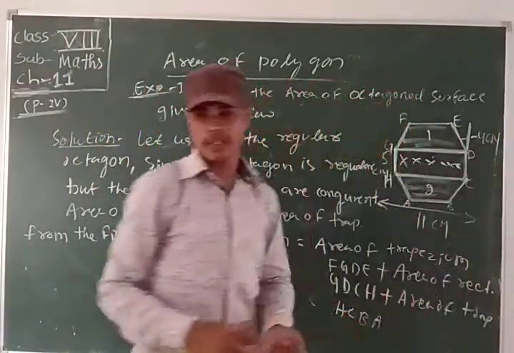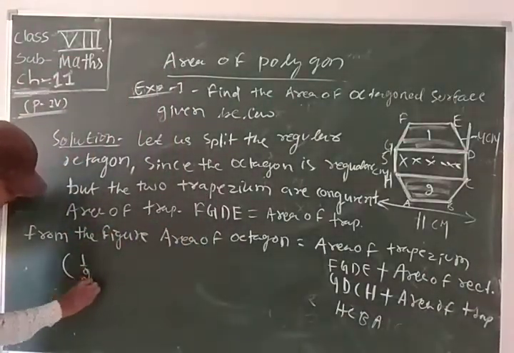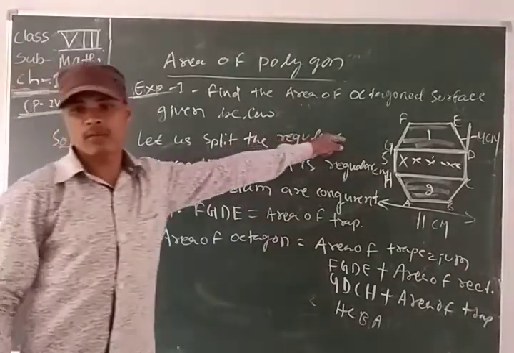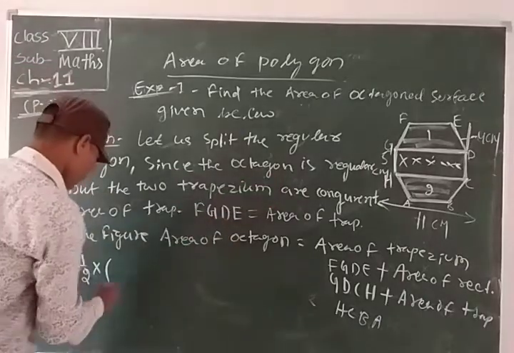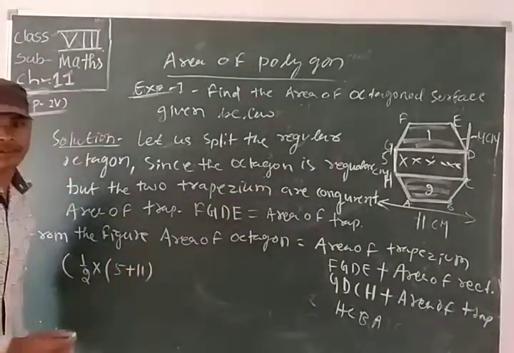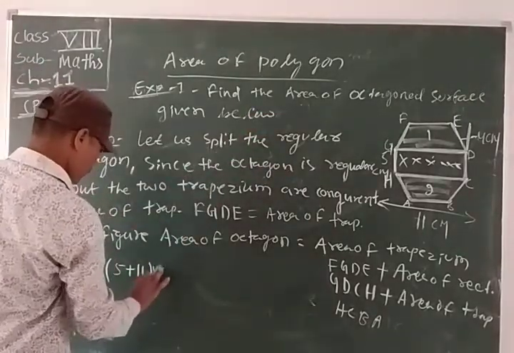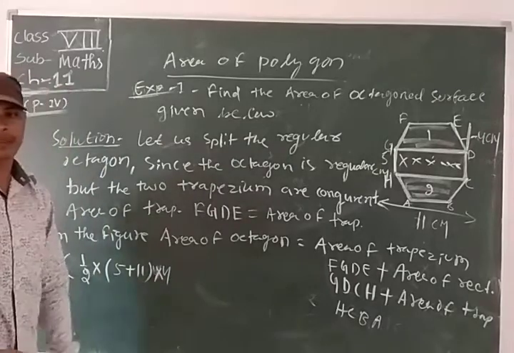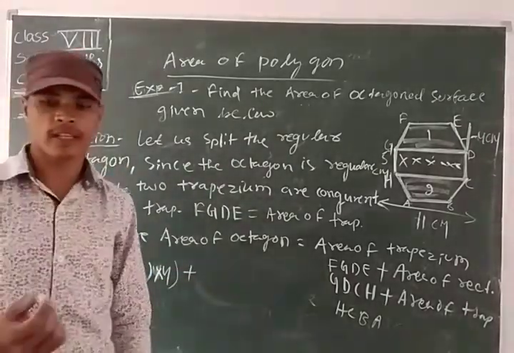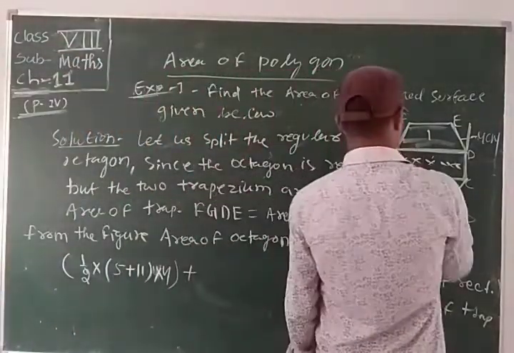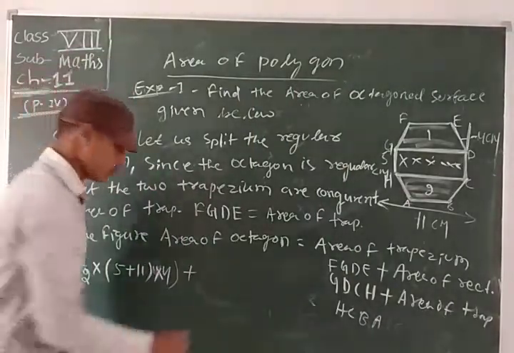Show the area. Then 1 by 2 into, here the side is 5, then 5 plus, the base here is 11. 5 plus 11 into the height 4. That is the area of the first trapezium. Plus the area of the rectangle: base into height, 11 into 5.